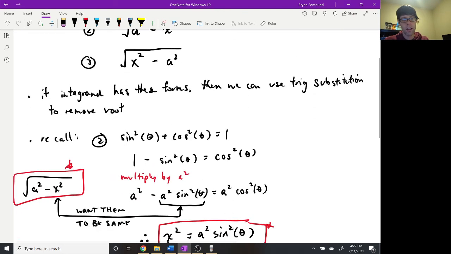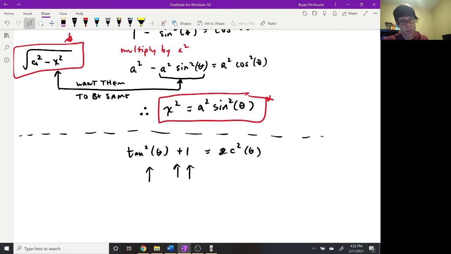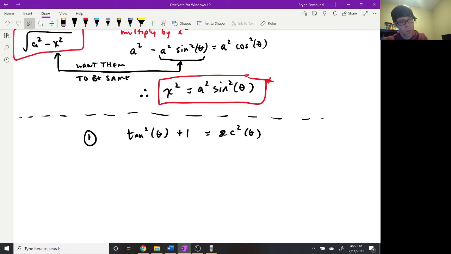Let's roll through this one and see how we intuitively make sense of it. Number 1 is, I'm going to write it as x squared plus a squared. And what we have is the following. We have this variable portion. Sorry, I need to multiply by a squared first to make everything line up.